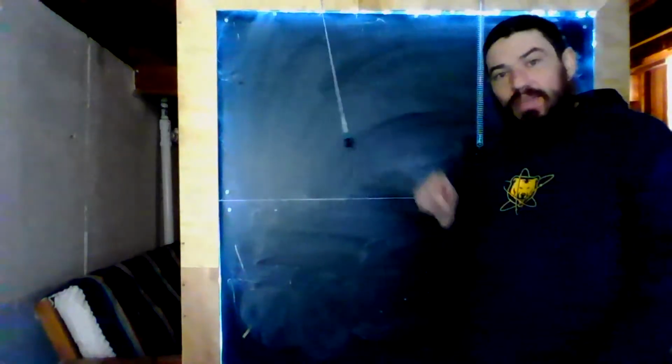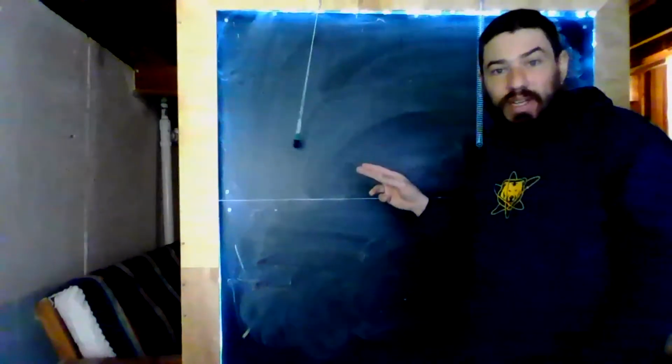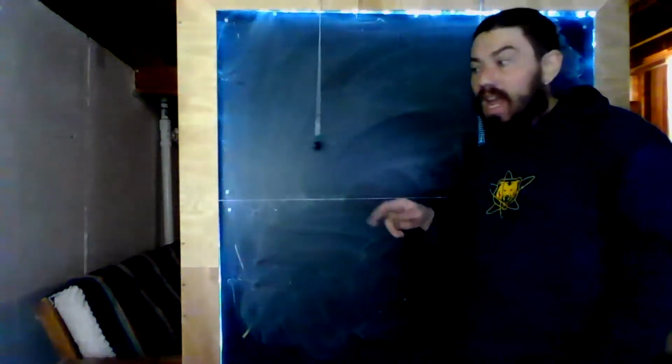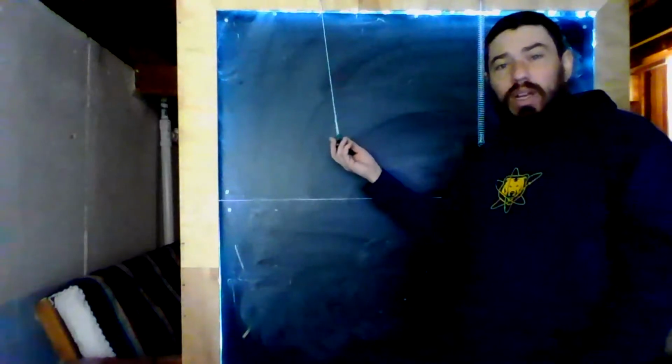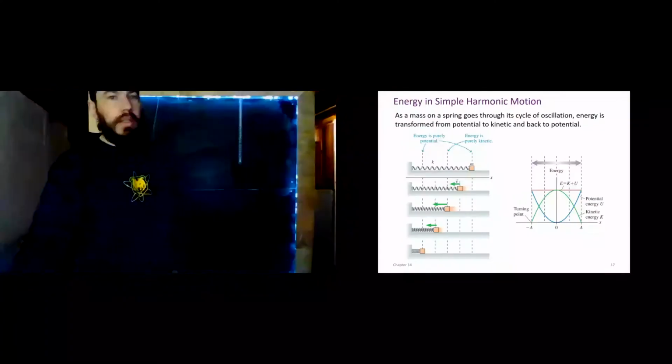If there was no friction in this pivot and no air resistance, this would go on forever. There is friction and there is air resistance, so eventually this will stop moving, and all of that potential energy will be dissipated as thermal energy. For right now, we're going to focus on systems with no friction and no air resistance.